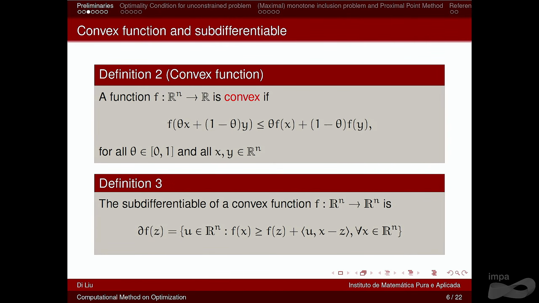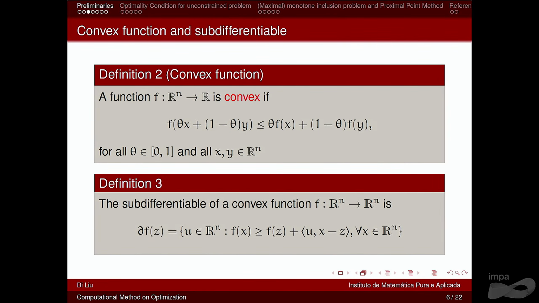So a function f from Rn to R is called convex if it satisfies the convexity inequality: the function value of the convex combination is less than or equal to theta times f(x) plus (1 minus theta) times f(y), for all theta belonging to [0, 1], and for all x, y belonging to Rn. Actually, the domain of a convex function must be convex.